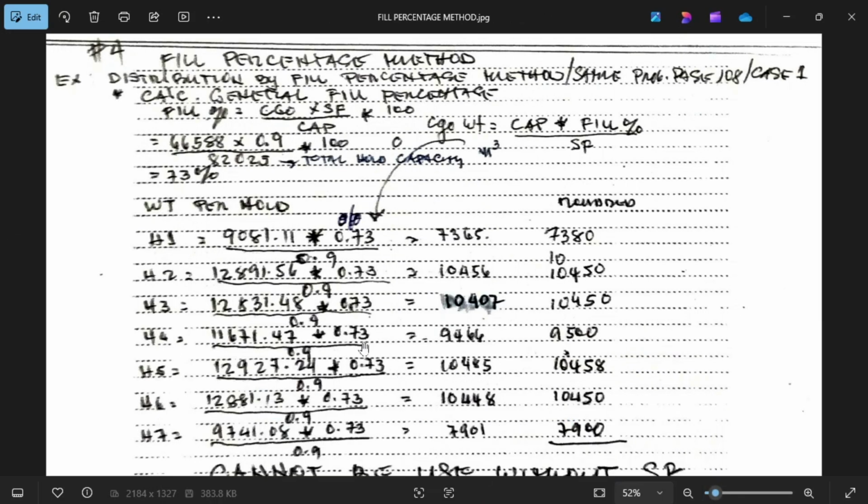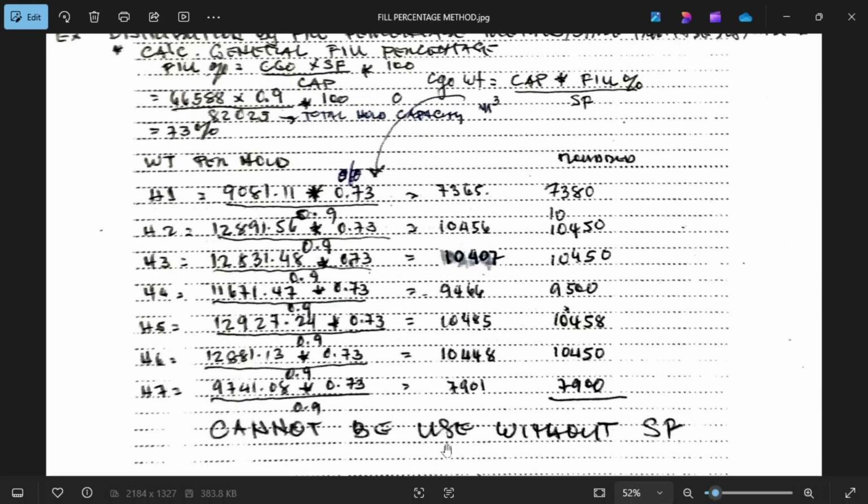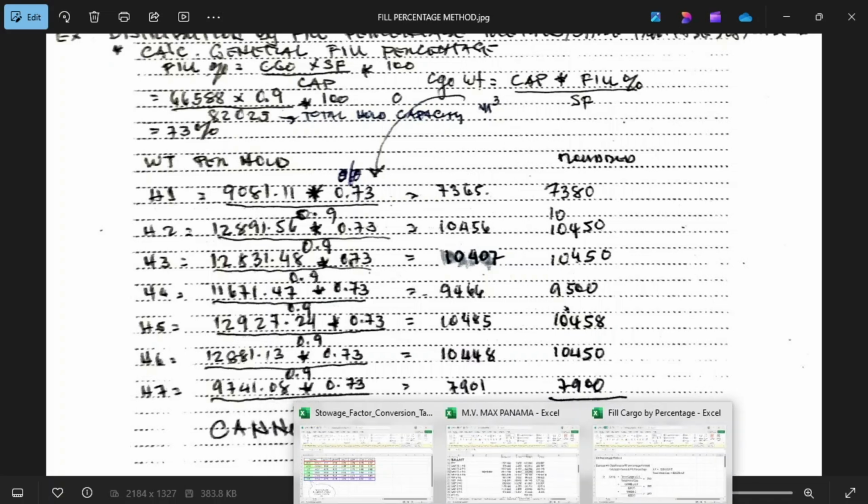This one, number 4, field percentage method. Distribution by field percentage method. Calculate general field percentage. This one I already put into Excel, because it cannot be used without the stowage factor, so I just rewrote it and put it into Excel.